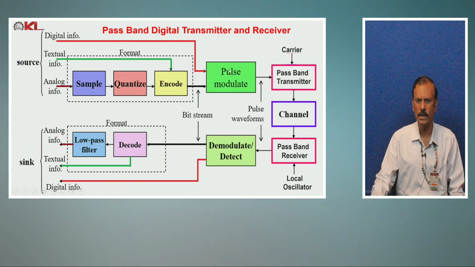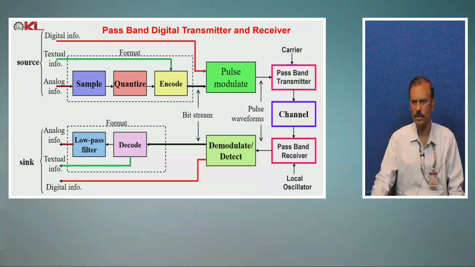This digital information we get either from digital gadgets or instruments such as a computer directly, or from textual information or an analog signal converted to digital format using analog to digital conversion. So here the pulse modulated signal is digital, but we are modulating the carrier signal as we have done in analog communications. The carrier is analog, but the source of information is in digital form.